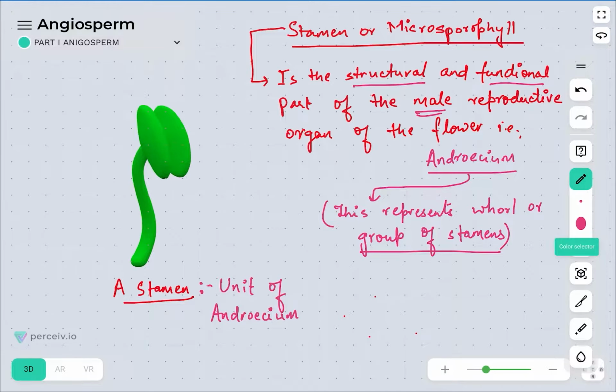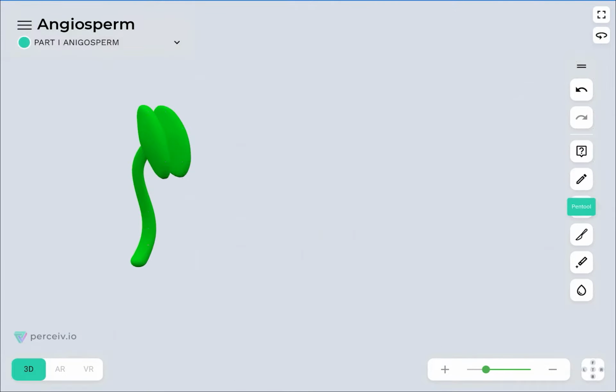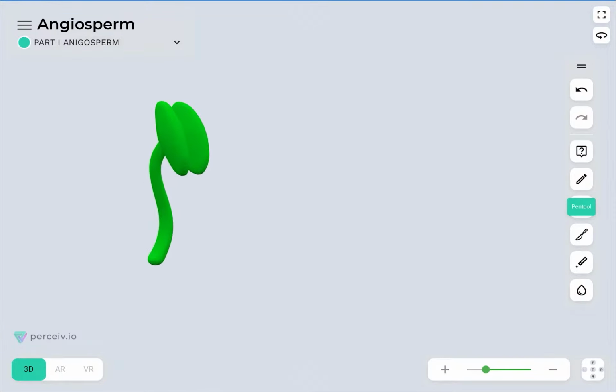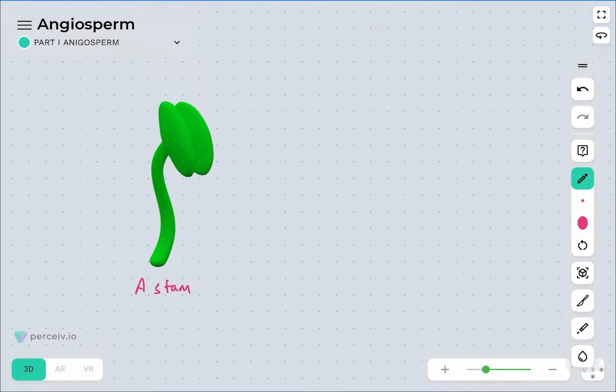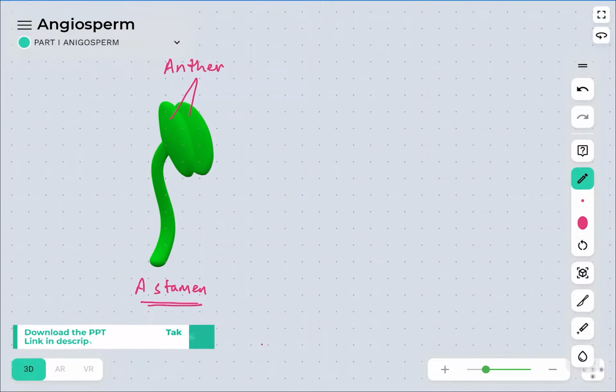Now we'll see the components of the stamen. Before writing the description part, let's see what a stamen consists of. This stamen consists of two parts. These are called anther, and this is represented as a filament.